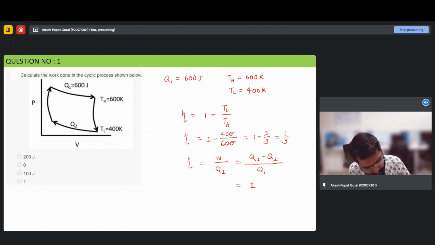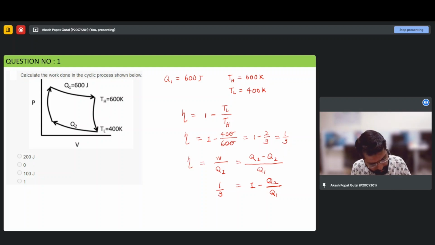So this will give you 1 minus Q2 by Q1, and this we have as 1 by 3.